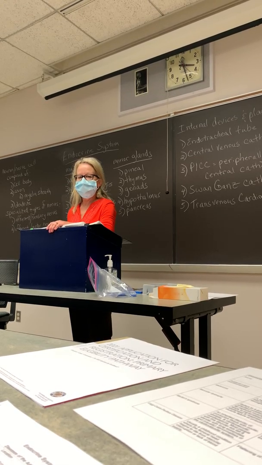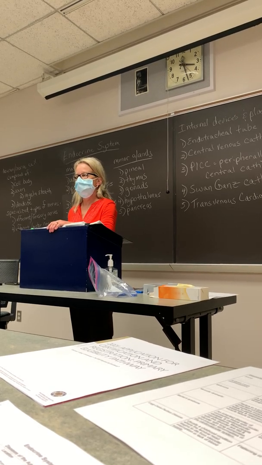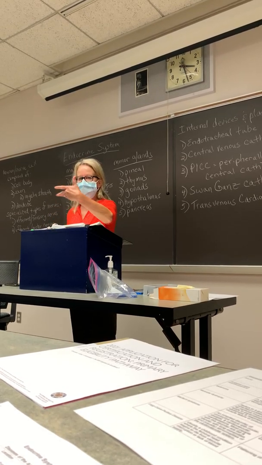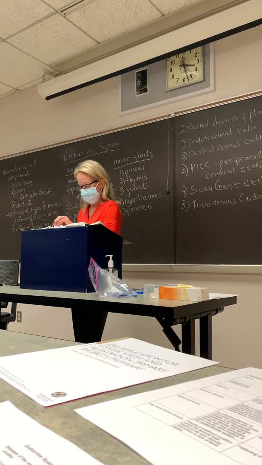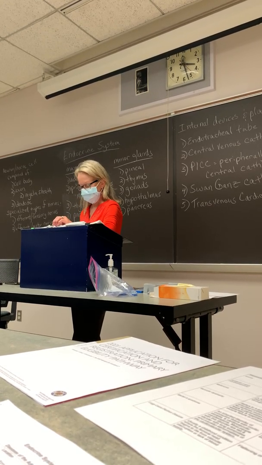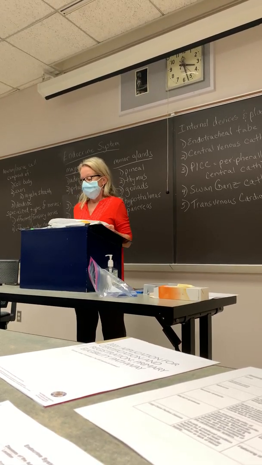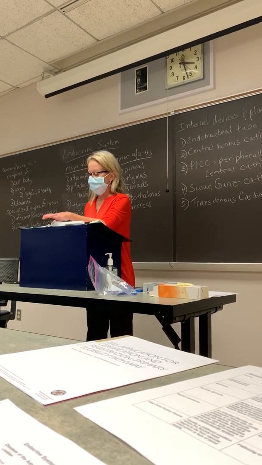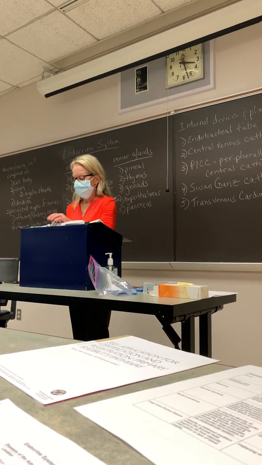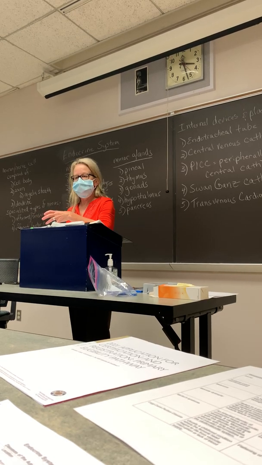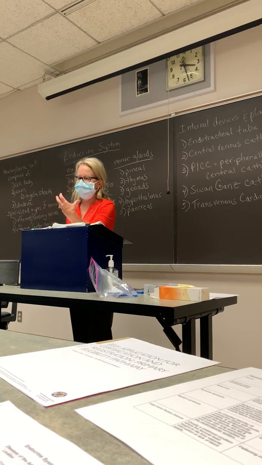What would the opposite be? Good, hyperactive glands. This is too much production or secretion of hormones. A lot of these problems with the endocrine glands are either hypoactive or hyperactive.